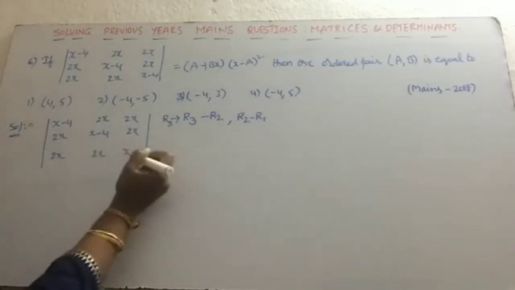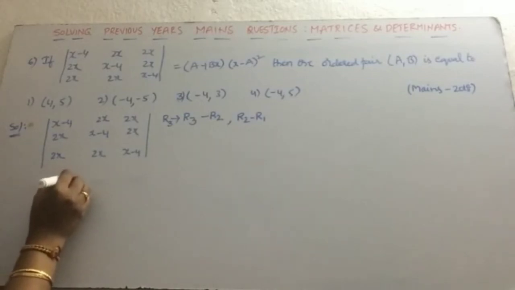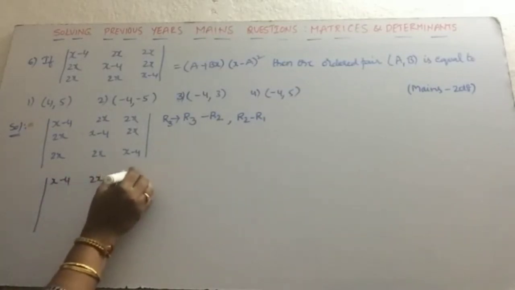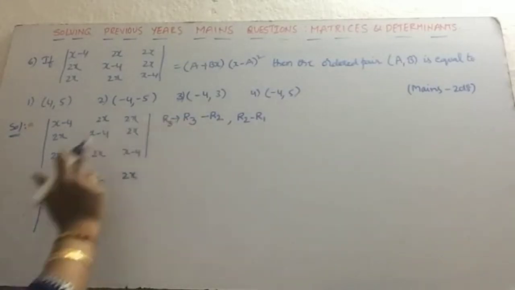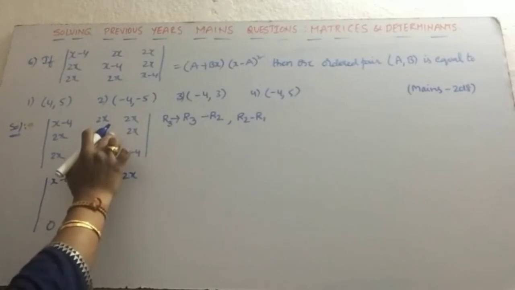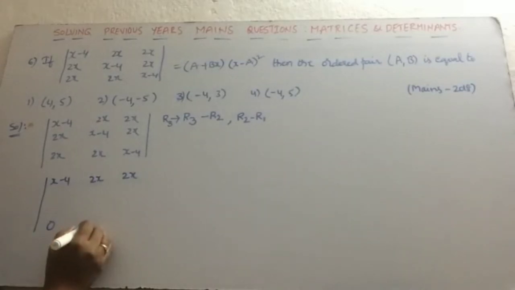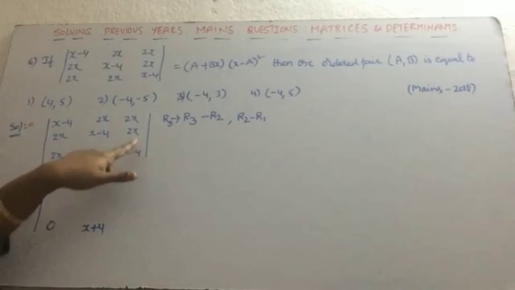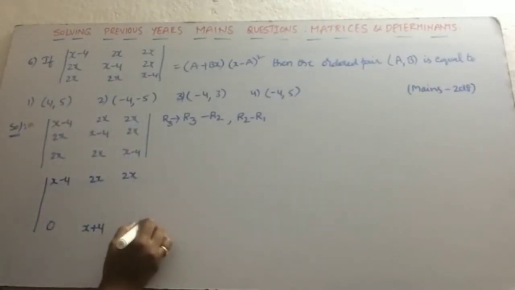The first row is the same as it is, and R3 minus R2: 2x minus 2x is 0, 2x minus x minus 4 means x plus 4, and x minus 4 minus 2x is minus of x plus 4.